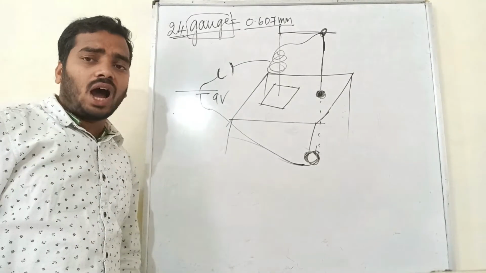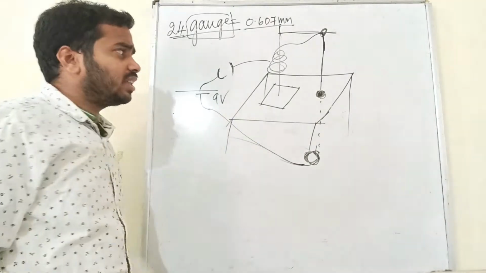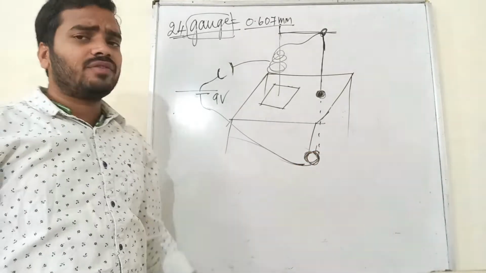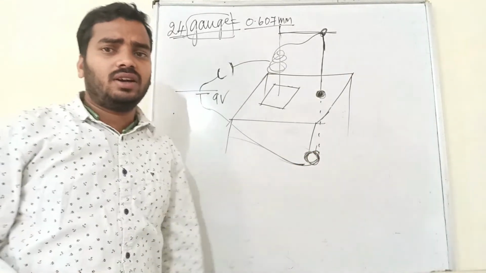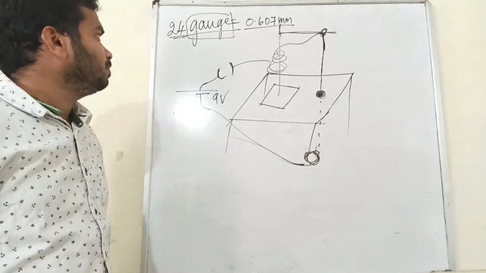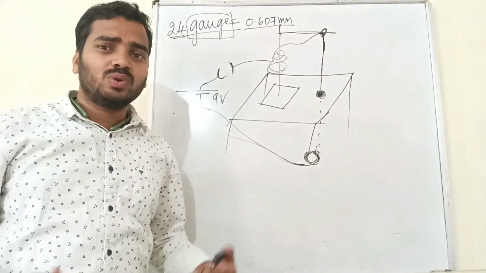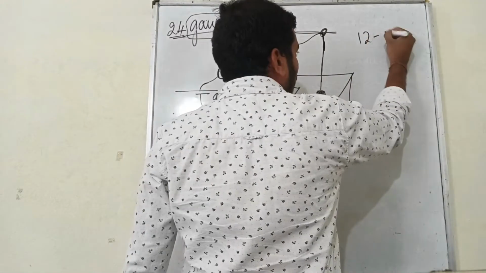No. In households, the thickness of the wire changes, and the wire which we have considered for this activity is quite different from the wire which we use in our household circuits. So what is the thickness of the wires which we use in our household circuits? That is 12 to 14 gauge.